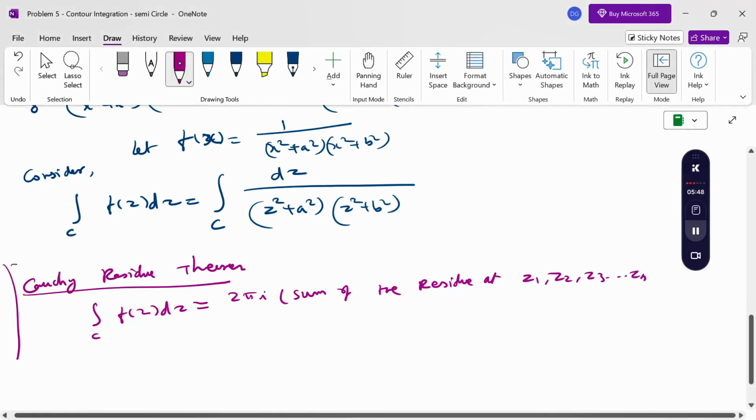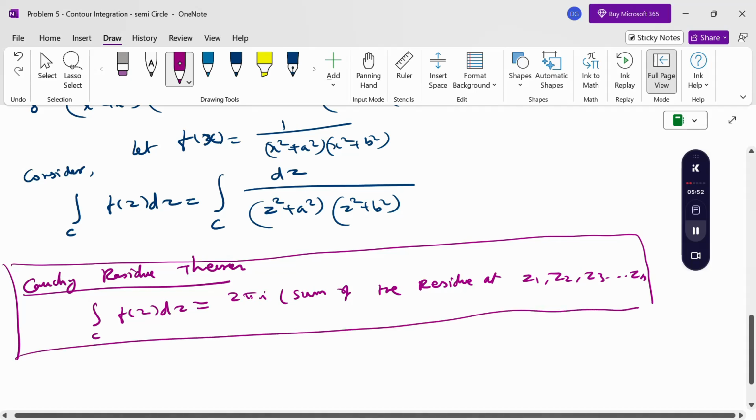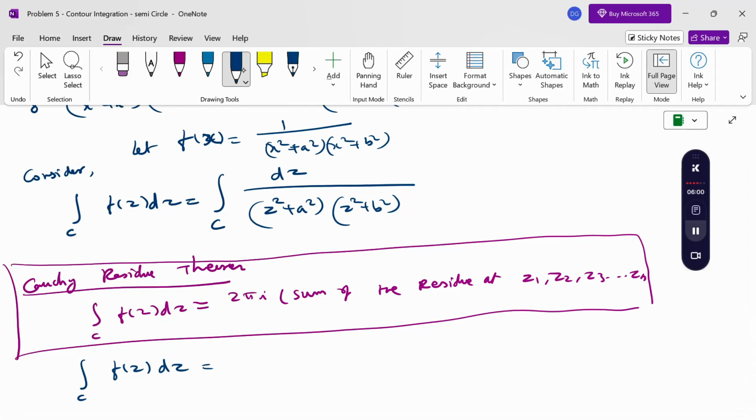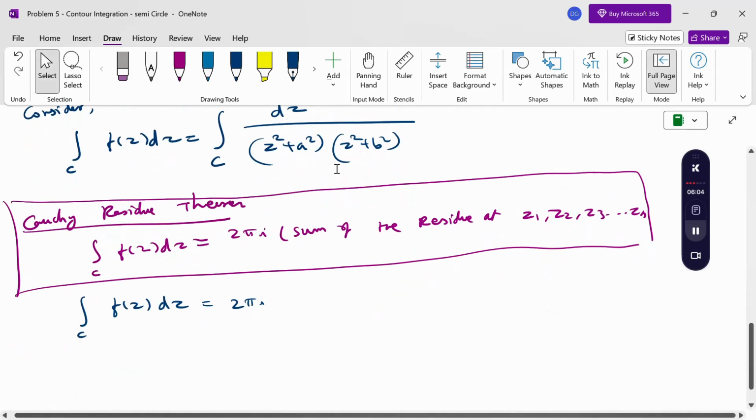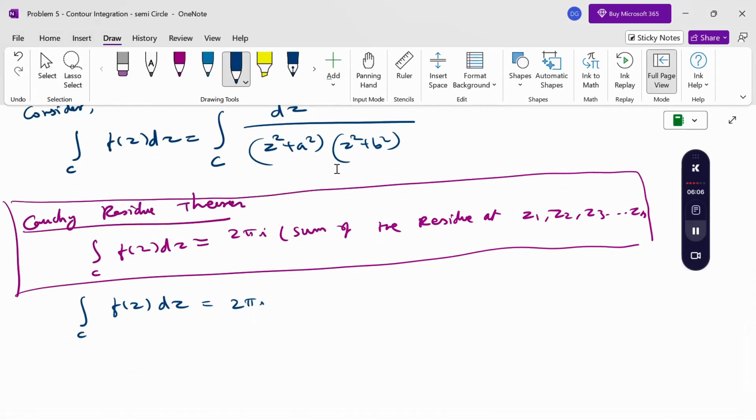So this is the Cauchy residue theorem. Now the integral over C of f of z dz equals 2 pi i times the sum of the residues. Therefore, now to find this term, 2 pi i times the sum of the residues.